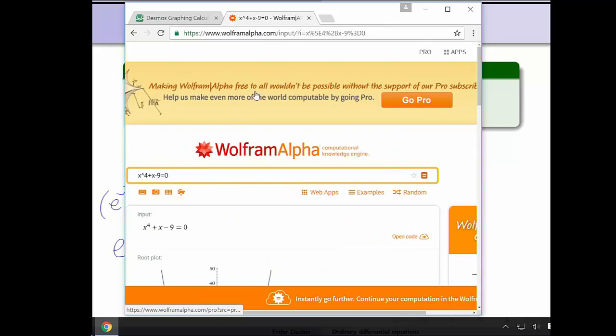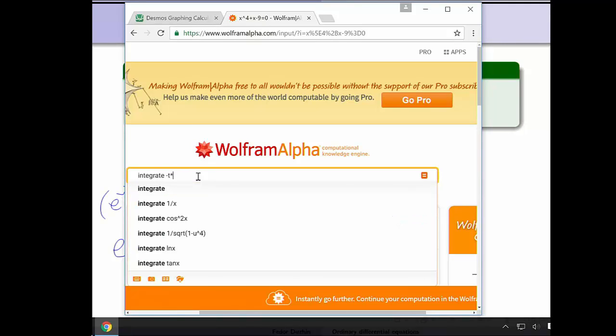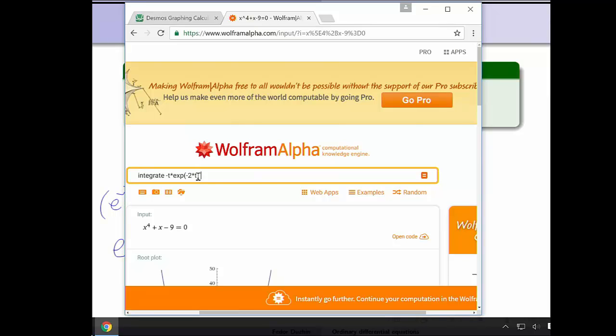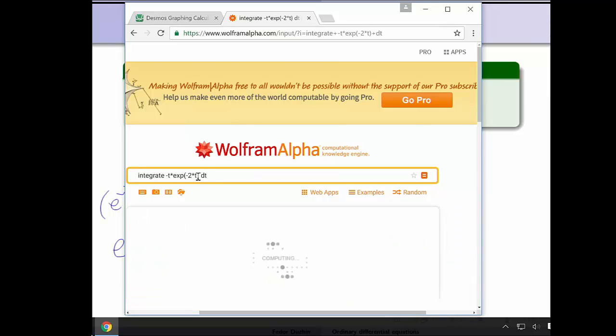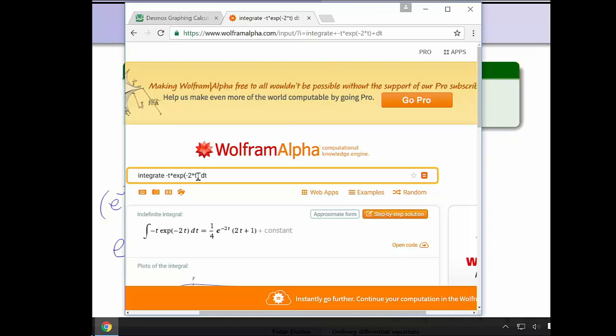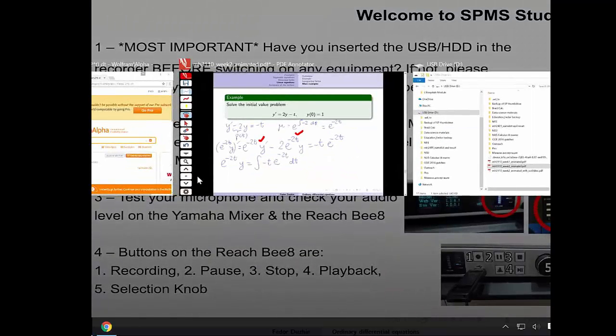So I need to integrate minus t times exponential function of minus 2t dt. Alright, so 1/4 times e to the minus 2t times 2t plus 1.